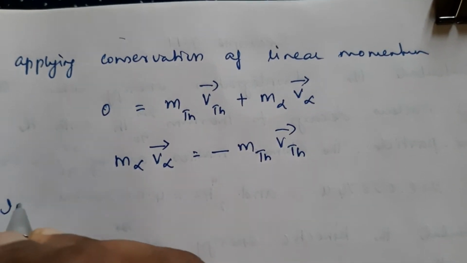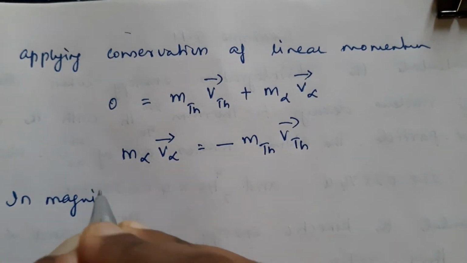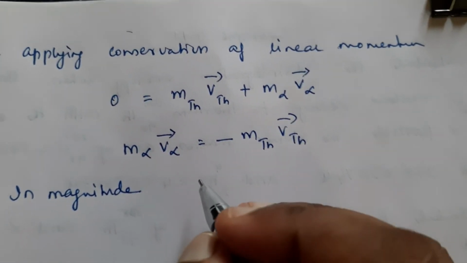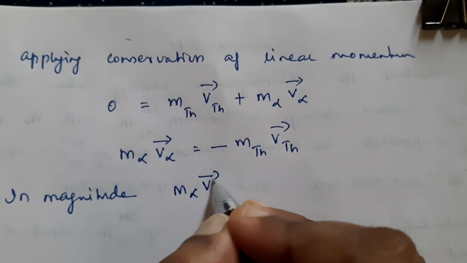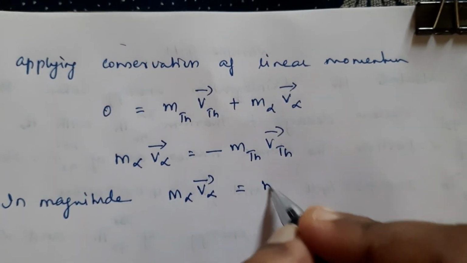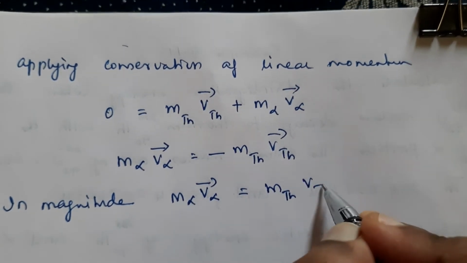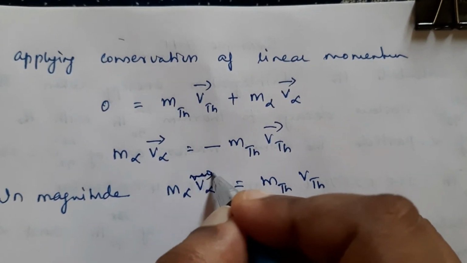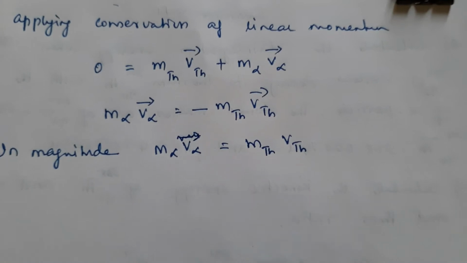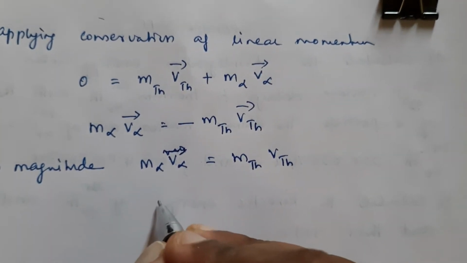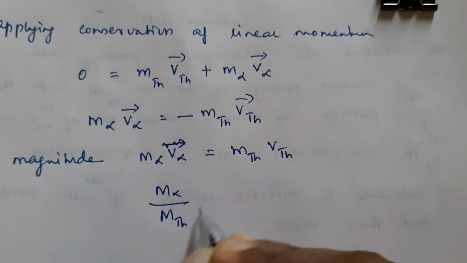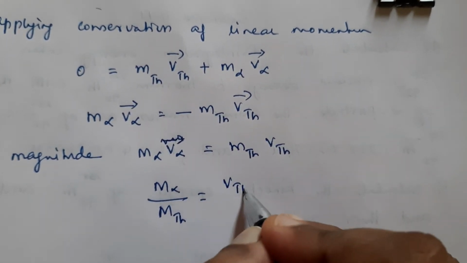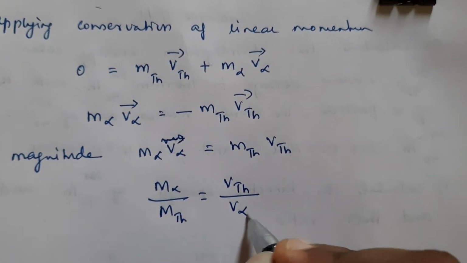In magnitude, taking the modulus, mass of alpha into velocity of alpha is equal to mass of thorium into velocity of thorium. So mass of alpha by mass of thorium is equal to velocity of thorium by velocity of alpha.